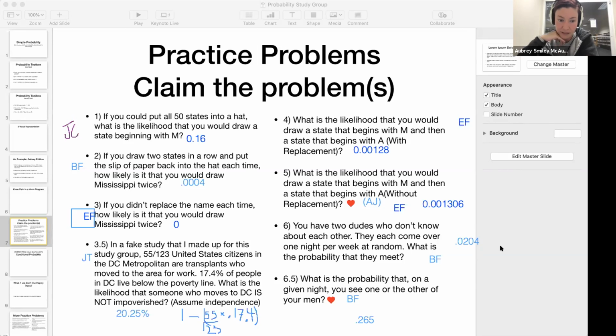Fantastic. And Jacob, tell us about the impoverished transplants in DC. Well, I did the 55 out of 123 that were transplants times the impoverished, and just took that away from 1.